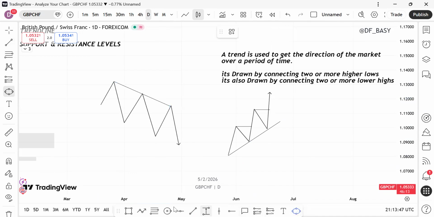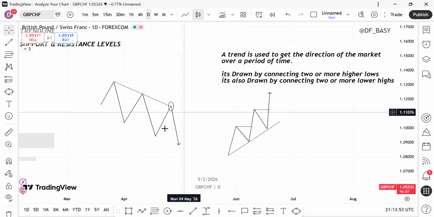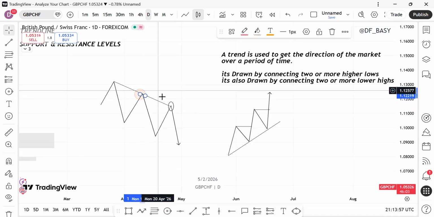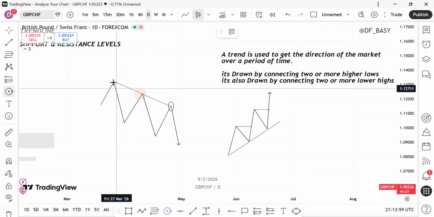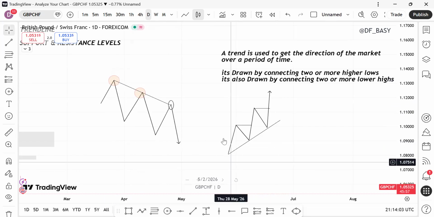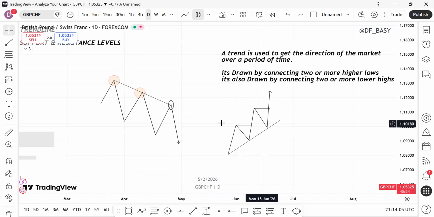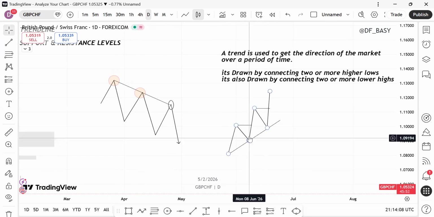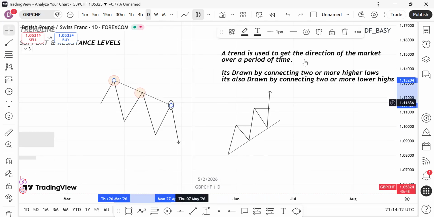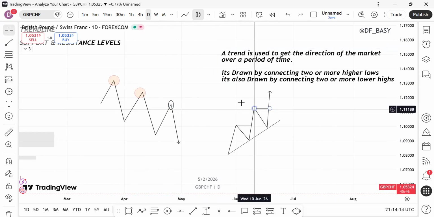Remember, if you watch the previous class video again, those are lower highs. This is your lower high, that's your lower high. So it connects all of this together, which helps you identify the direction of the market. In the previous class, I also used trend line to identify the trend of the market.